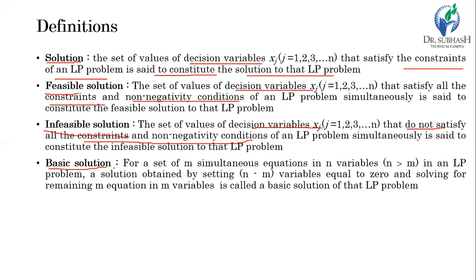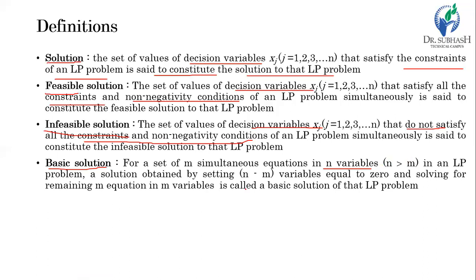Then basic solution. These are all subtypes of the specific type of solution. A basic solution, by definition, for a set of m simultaneous equations in n variables, where n is greater than m in an LP problem, is the solution obtained by setting n minus m variables equal to 0. Here m is the number of constraints and n is the number of decision variables.